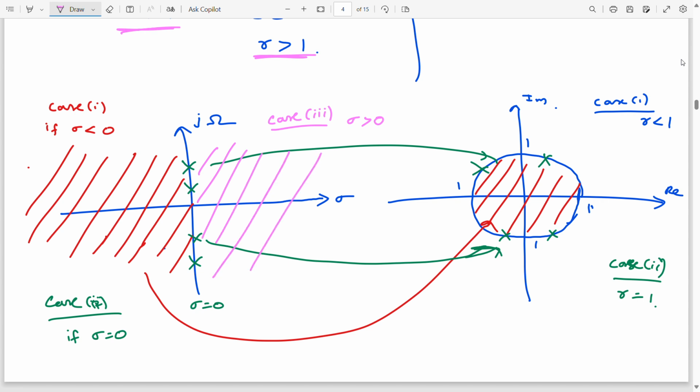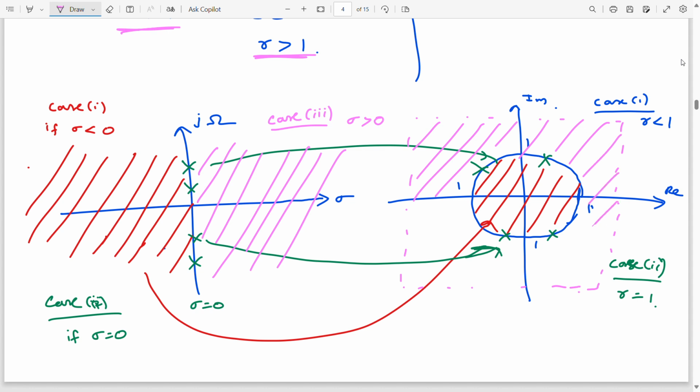So any poles located on the right half of the S plane are represented in the Z plane in such a way that the poles are mapped outside the unit circle.